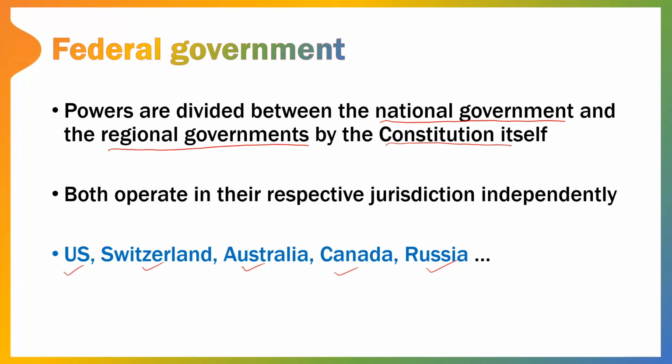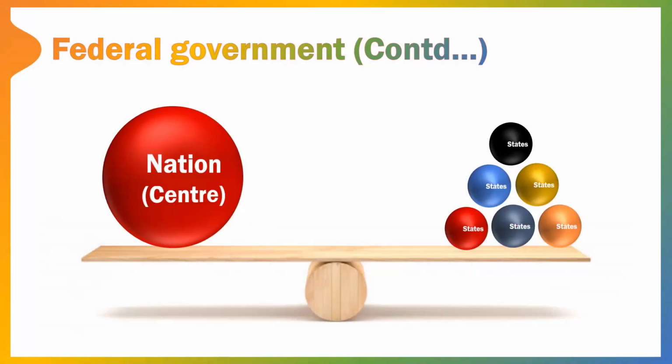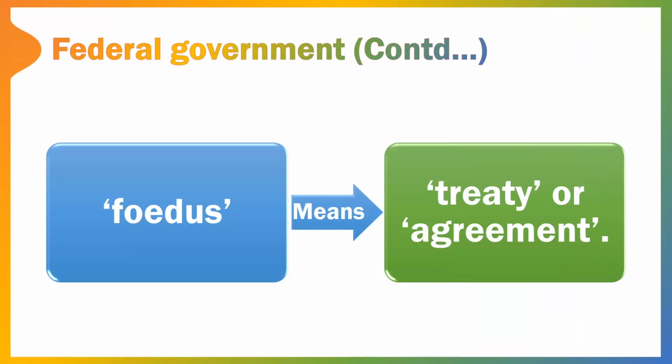Clear? Now, in the federal government, we can say a balanced government exists. There is a balance between the nation, which is called the center, and the states. Both work parallelly. The word federal comes from the term foedus.